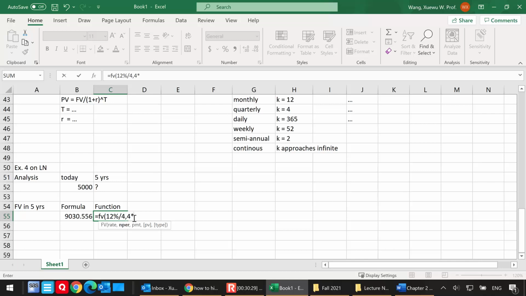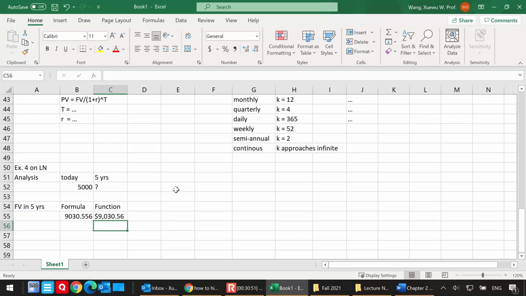So that's 4 quarters per year times 5 years, so that's 20 quarters. Payment here is 0 because this is a single cash flow. Present value is negative 5,000 because you are investing. So present value is 5,000, but I want to sign this as negative. If I do that, yes, I replicate the number.